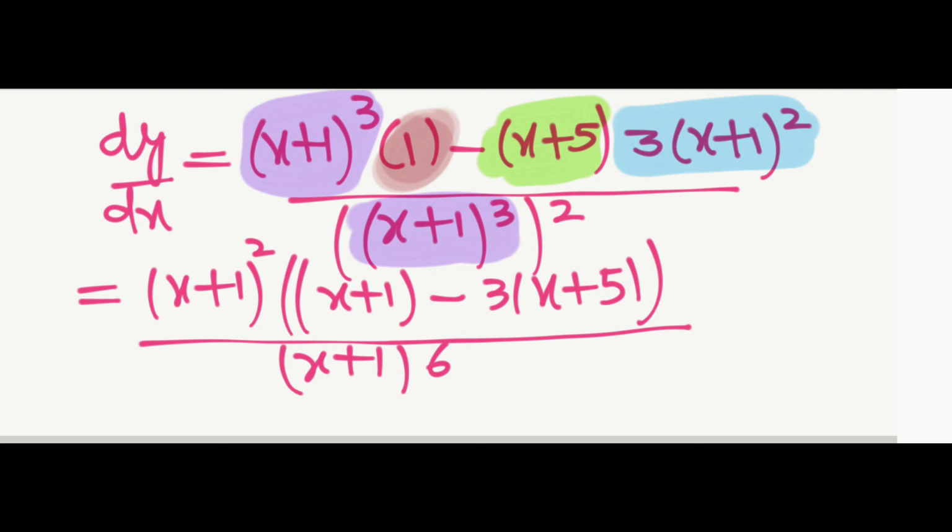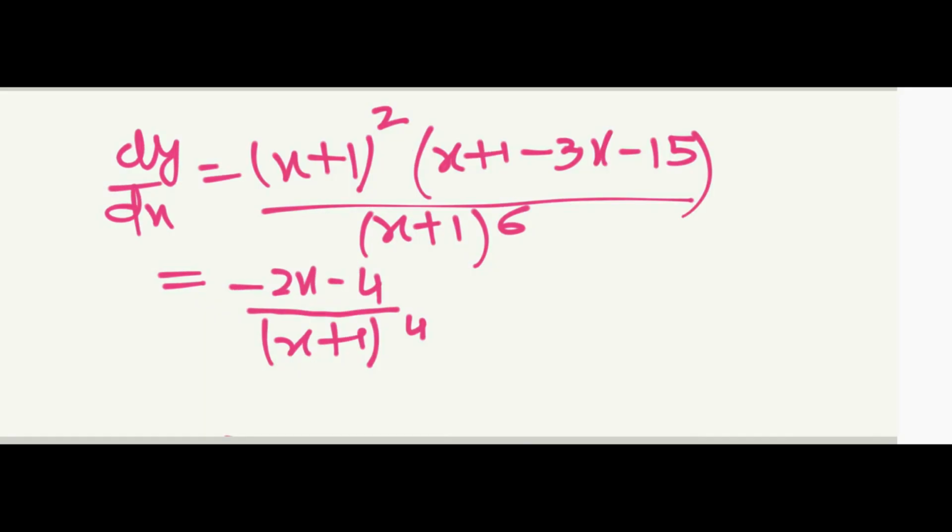Moreover, notice one thing, in the numerator the value x plus 1 raised to power 2 is common. So we take the common value, which is x plus 1 whole square, and in the brackets we are left with x plus 1 minus 3 into x plus 5, and in the denominator it is x plus 1 raised to power 6.